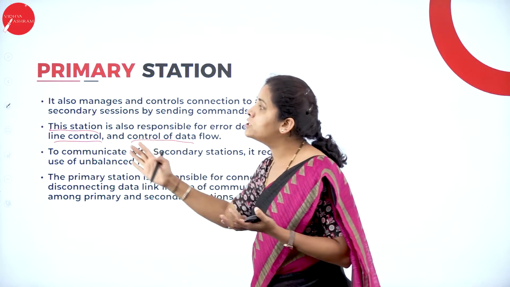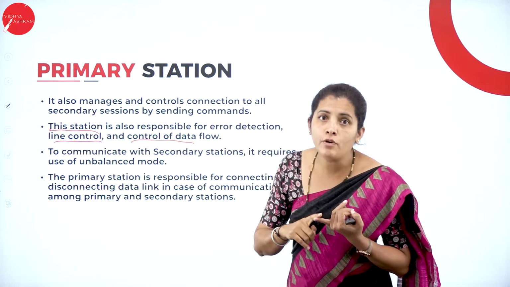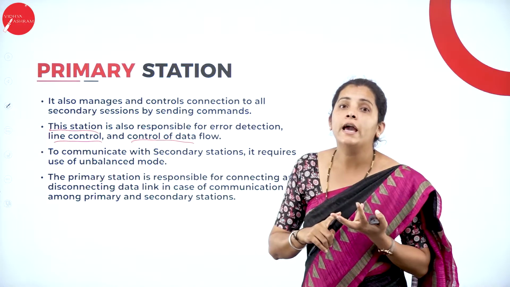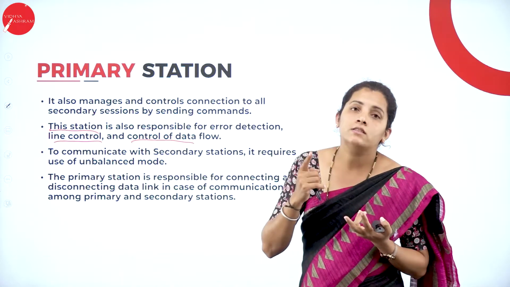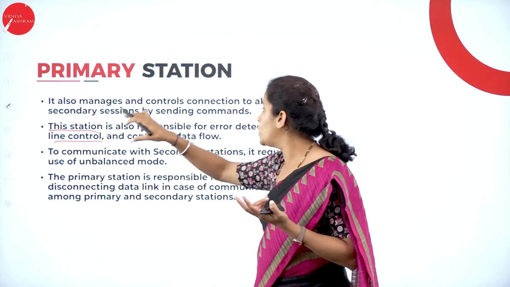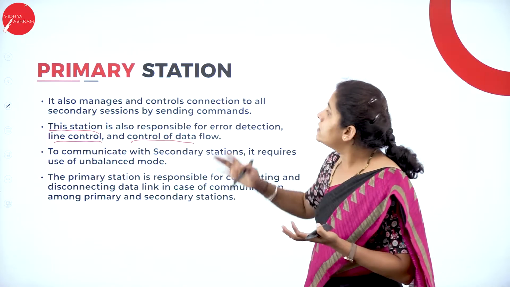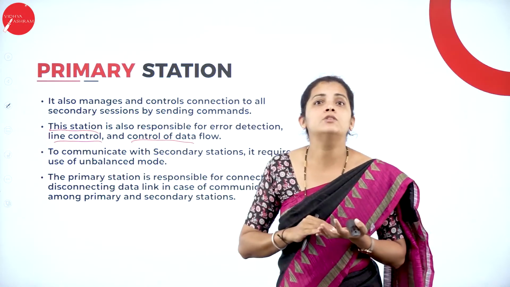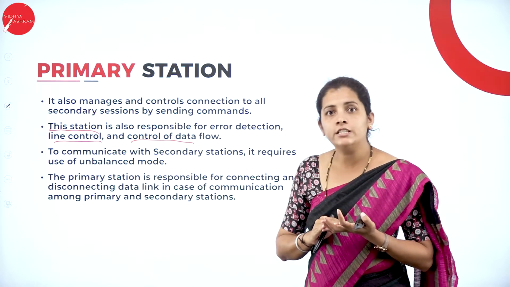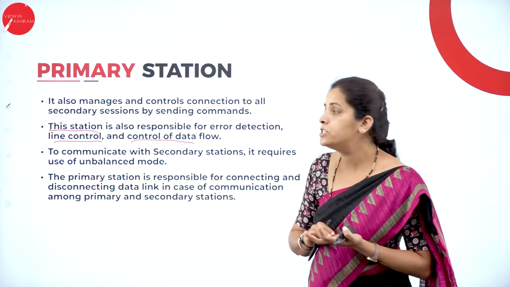So what are the responsibilities of primary station here? It is responsible for error recovery, error detection, line control and control of flow of data. It is also responsible for managing and controlling secondary stations, and sending commands to the secondary station.